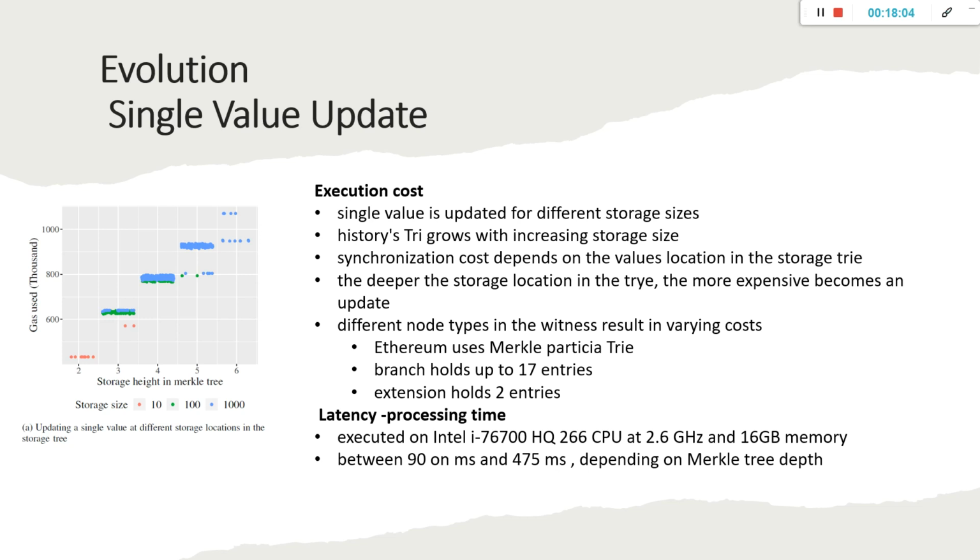For the evaluation of the proposed model, the authors have explained two different evaluations: one for single value update, and one for multiple value update. For single value update, they have two parameters to consider: the execution cost and the latency. On the left side of the figure, we can see that if the storage is 10, then the Merkle height lies between 2 and 3.